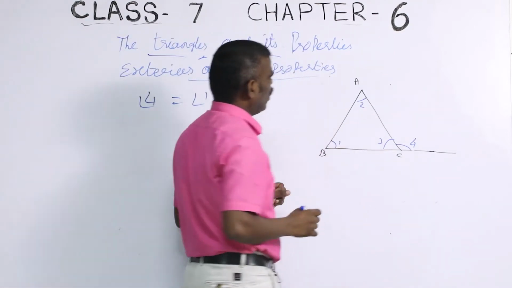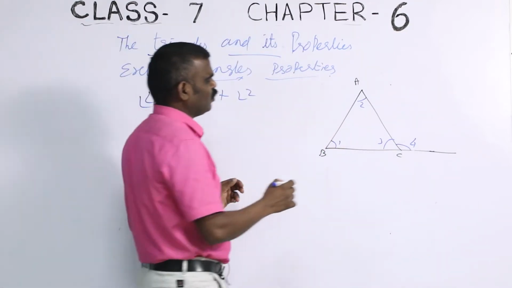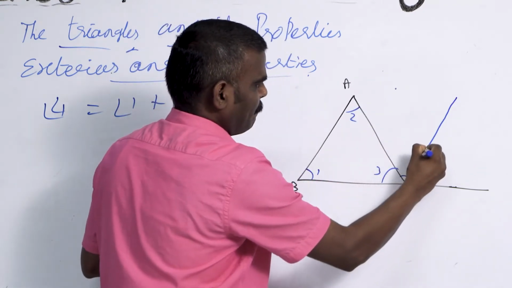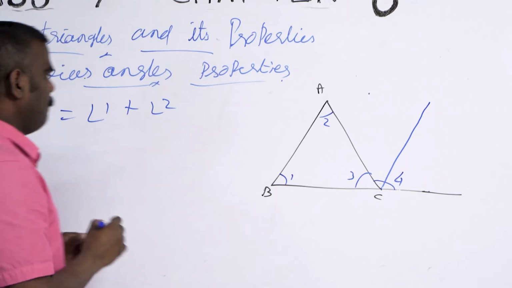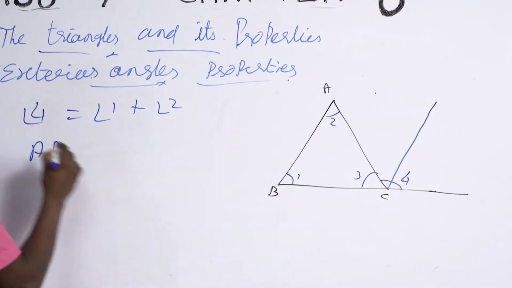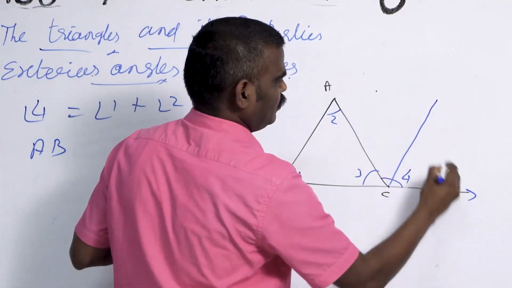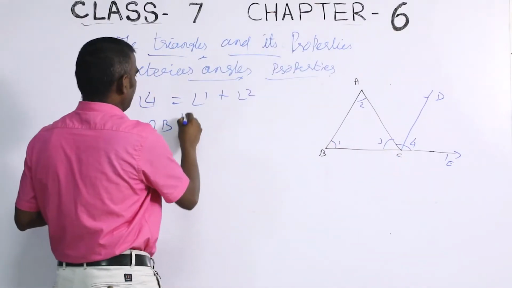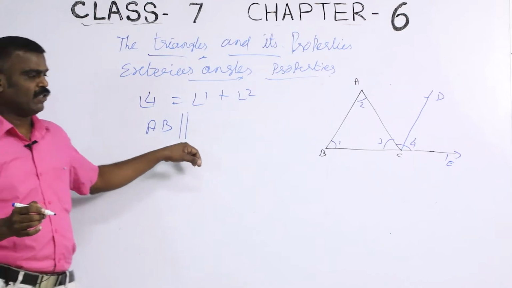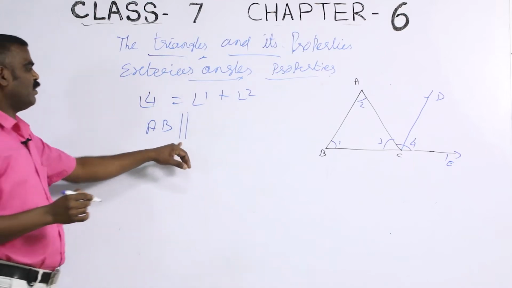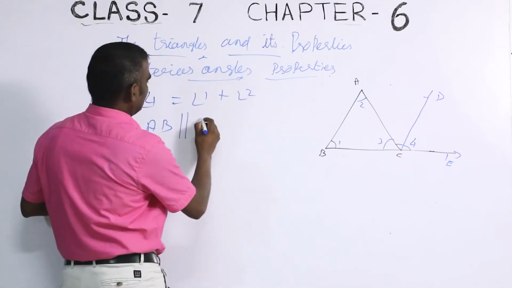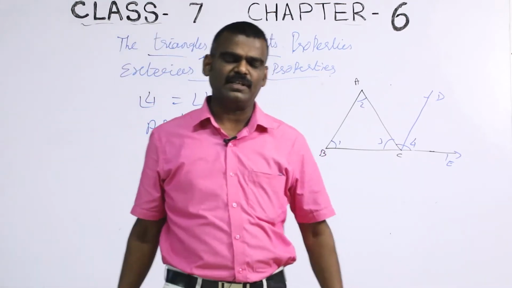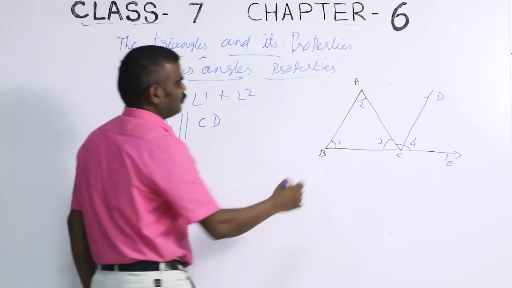Now, I am going to draw a line segment, or a ray, parallel to which one? AB. AB parallel to CD. I taught you in the previous class what the meaning of this symbol is.